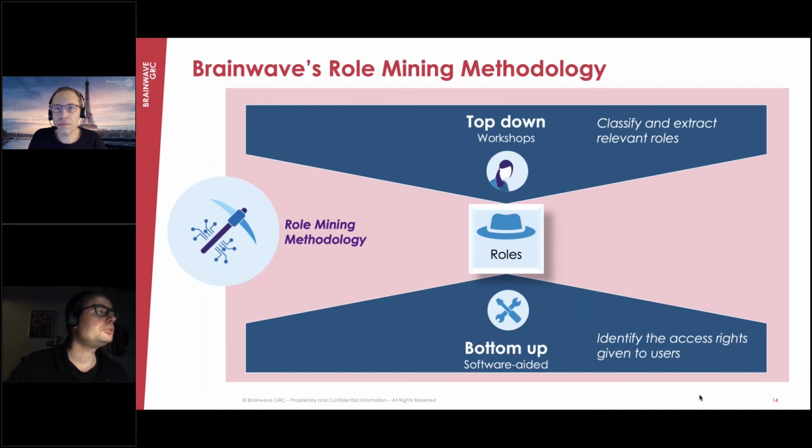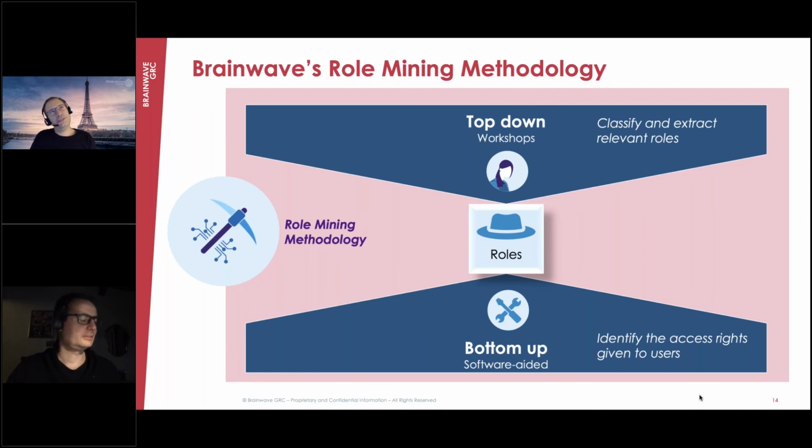Once you've designed your role model, how do you use it? How do you integrate it in access management systems? And also, my IAM system provides a role mining function. What's the difference? Okay, so two questions here.